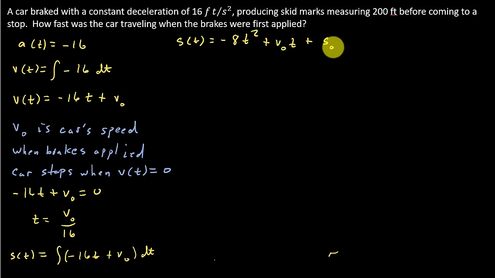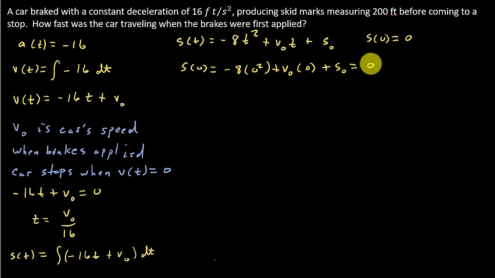All right. Well, in this case, I know that s0 is 0 because s of 0 is equal to 0. At time t equals 0, that's when the brakes were first applied. So you can see if I do s of 0 is equal to negative 8 times 0 squared plus v0 times 0 plus s0 equals 0.